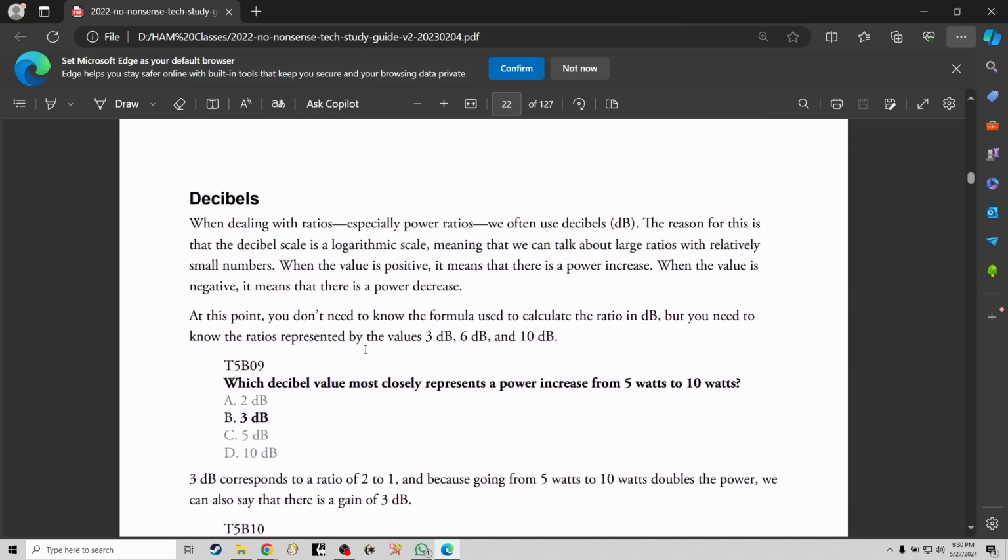Decibels. You're going to come across a lot of instances, especially when you're looking into antennas, where this antenna has a 3 dB gain, or a 6 dB gain, or a 10 dB gain.